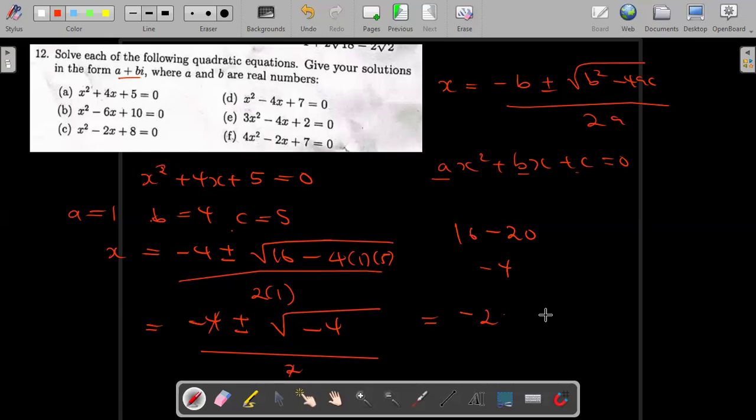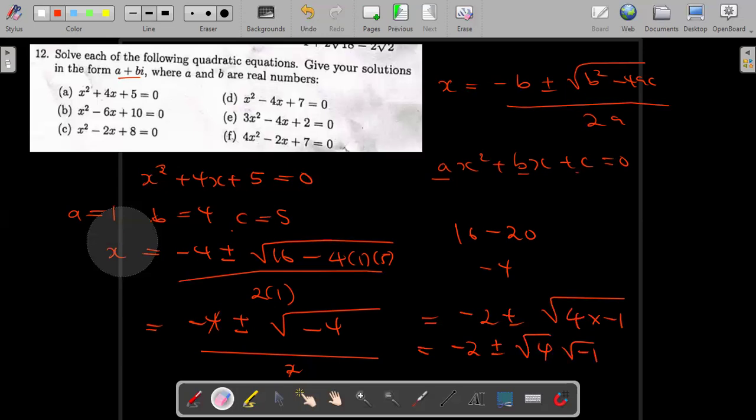2 plus minus. Then what is inside there, the negative 4, can be written as 4 multiplied by negative 1. And if I write it that way, meaning I can say 2 plus minus, then I can separate them to say root 4 times root of negative 1 like that.